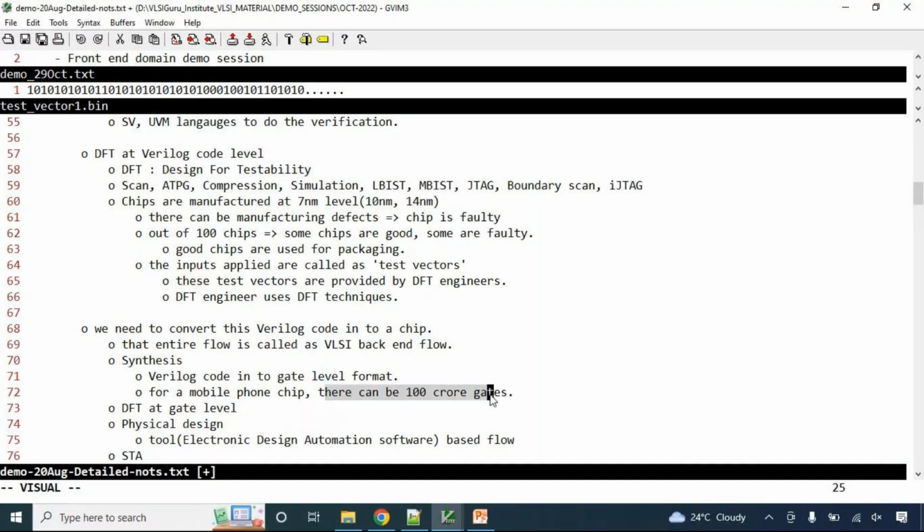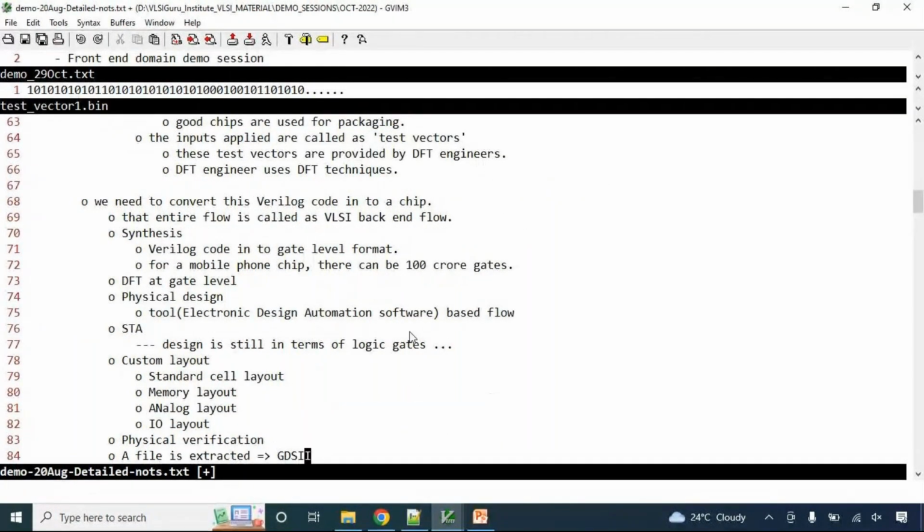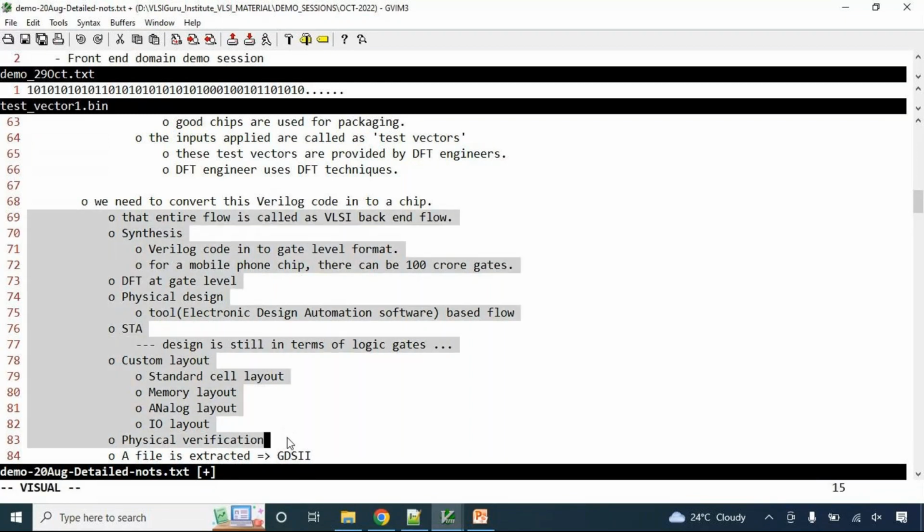It's a very big number, right? Then there will be processes like DFT at gate level, physical design, static timing analysis, custom layout, physical verification. There are various steps. I don't want to go deep into it because our demo session is more focused on the front end domain. So let's not go into that.